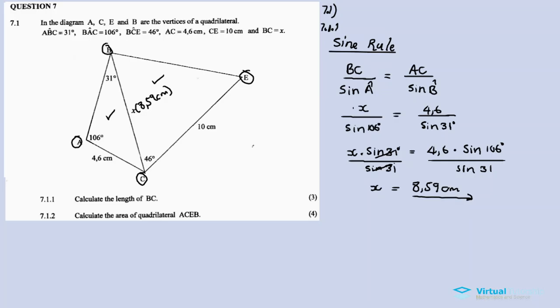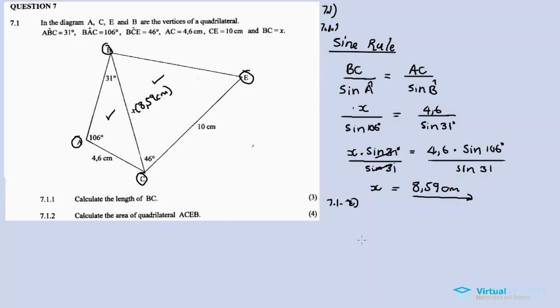Now, since this is not a right angle triangle, we use the area rule to calculate the area for these two triangles. 7.1.2.